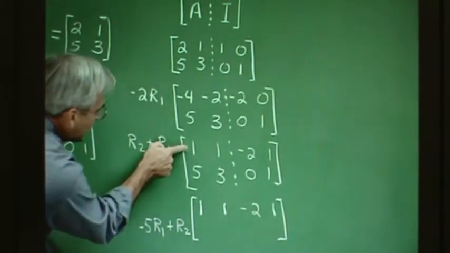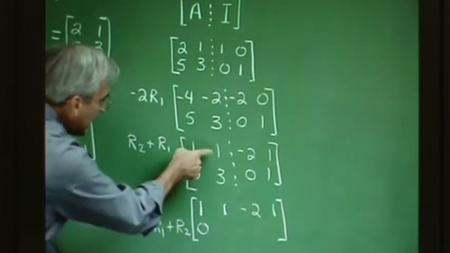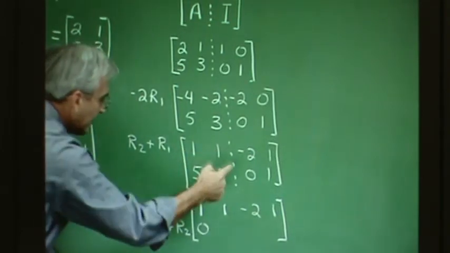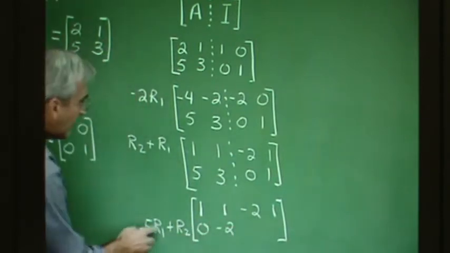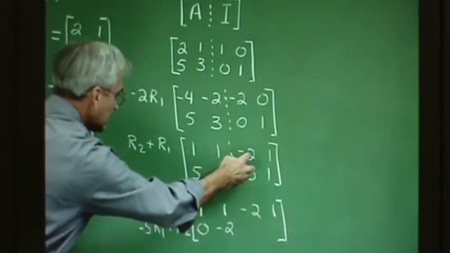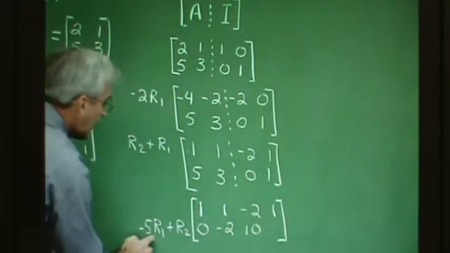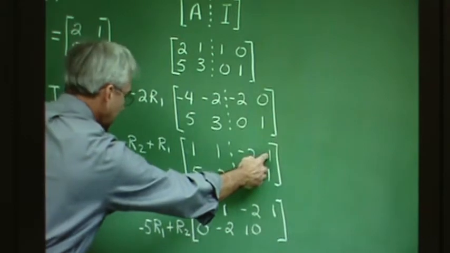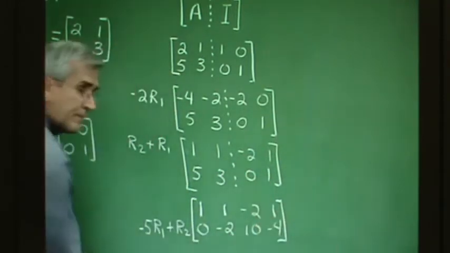So -5 times 1 plus 5 is 0 as expected. -5 times 1 is -5 plus 3 is -2. Then -5 times -2 is 10, with 0 is 10. -5 times 1 is -5, plus 1 is -4. Okay, so I have this.